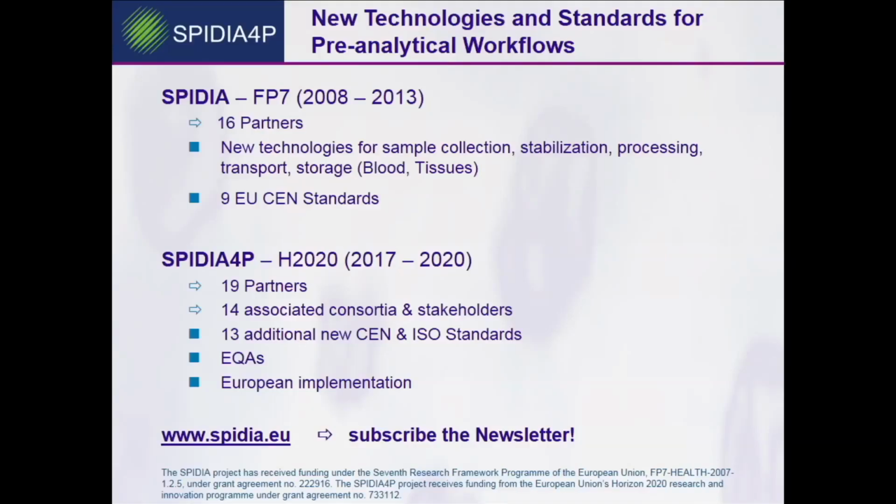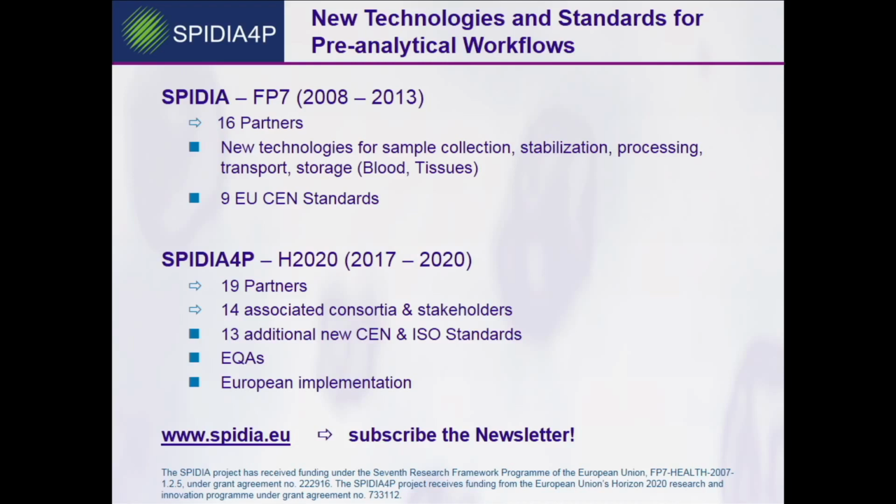Now we have a successor program called SPIDIA4P, SPIDIA for Personalized Medicine. SPIDIA stands for Standardization of Pre-analytical Workflows for in vitro diagnostics. And SPIDIA4P is even bigger. This is 19 partners and 14 other consortia and stakeholder organizations now working together as a big consensus initiative to work on standards.